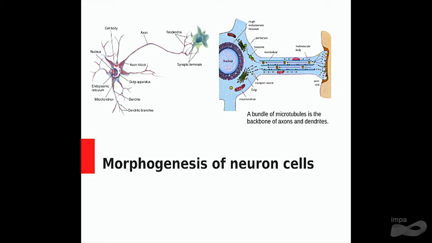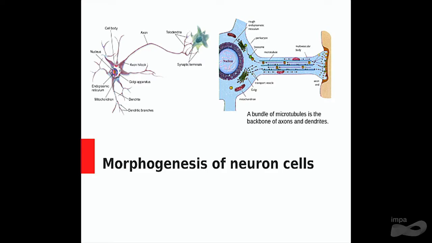What characterizes them is that they have one potentially really long axon, which is this cellular extension here, and many shorter so-called dendrites, which are those extensions here. So those processes, they are used to pass information. Typically, the cell emits information through the axon and receives information through the dendrites.